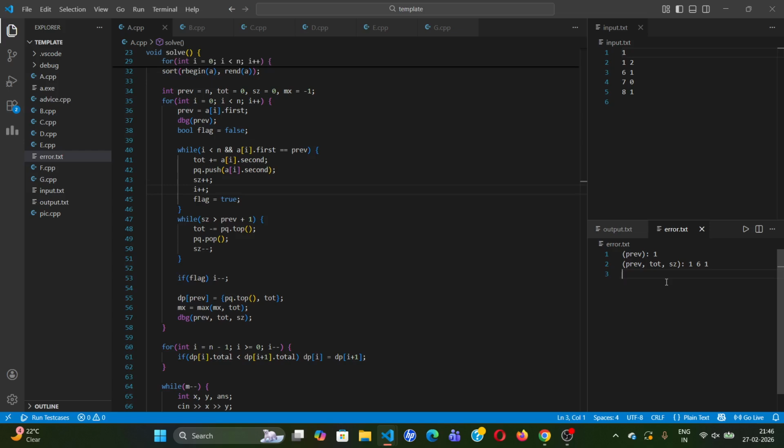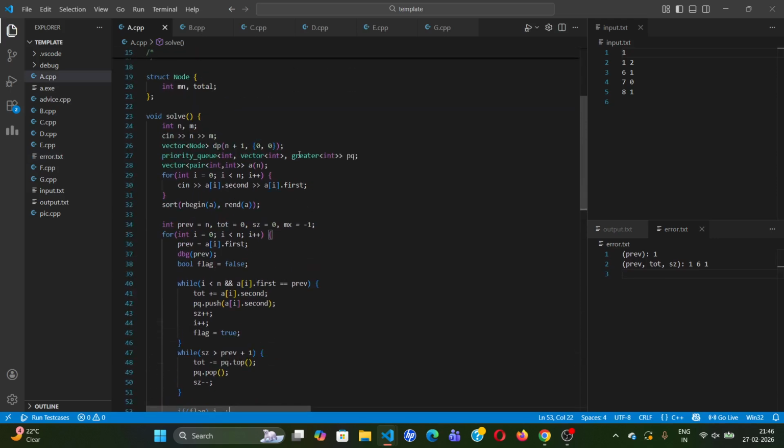Total is 6. It can take 8, 2. Total might not be. What?